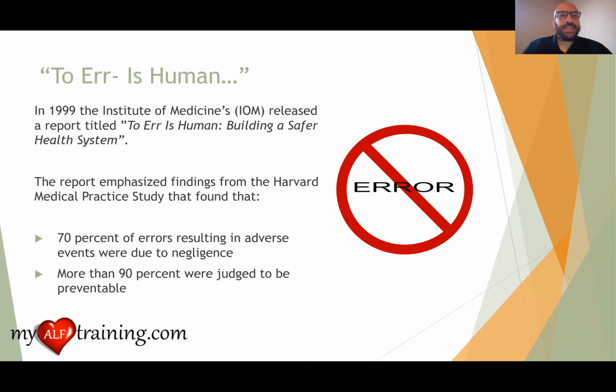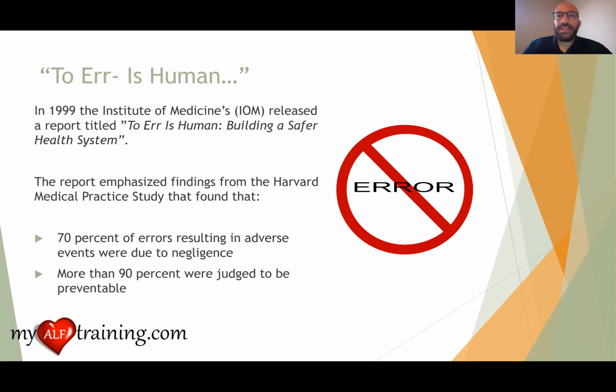First, you saw it in the title, "To Err Is Human," and I have it in quotations. "To Err Is Human" was the title of a report released by the Institute of Medicine in 1999.